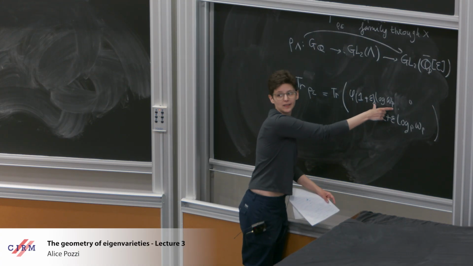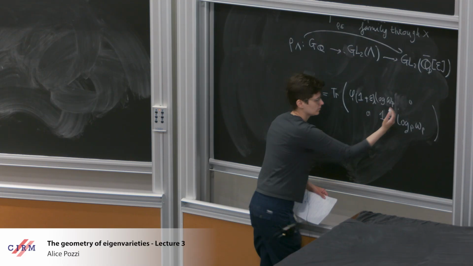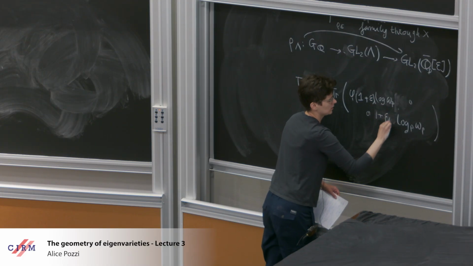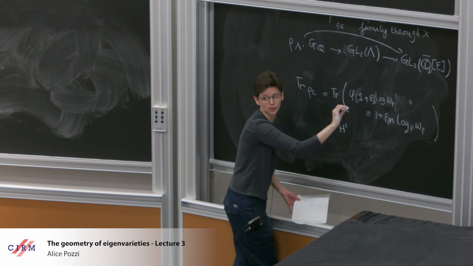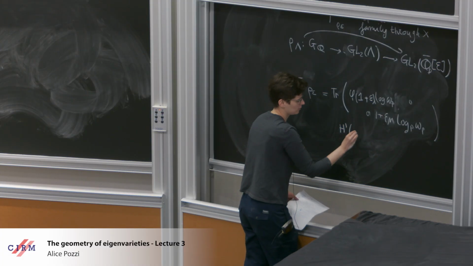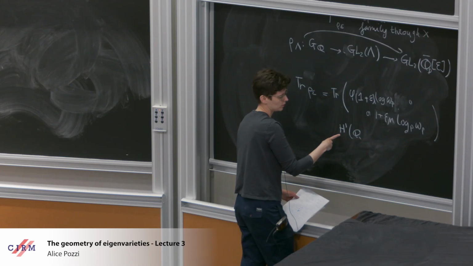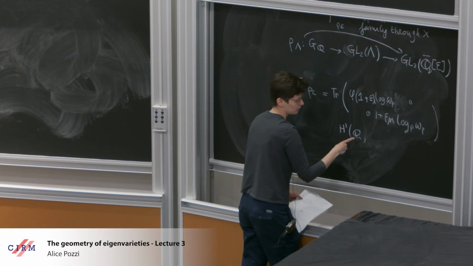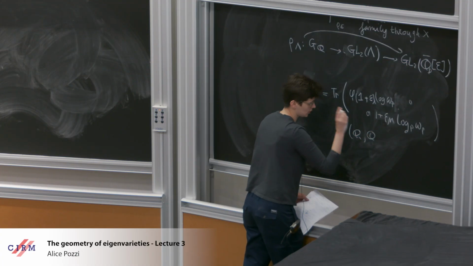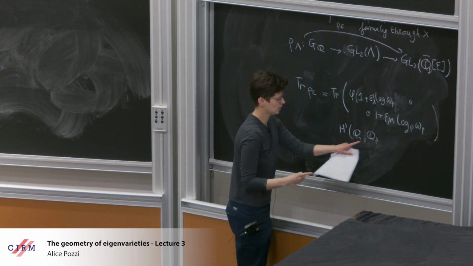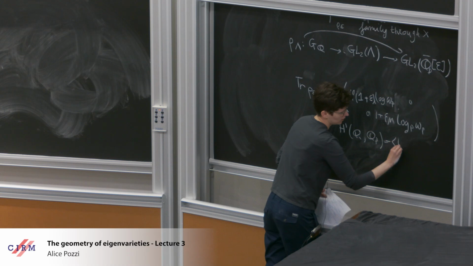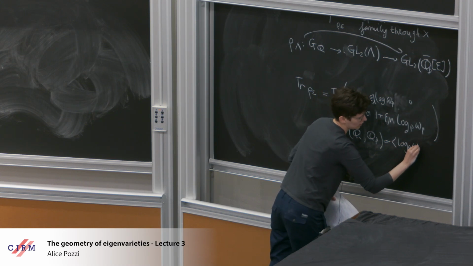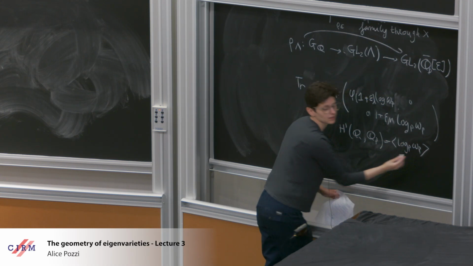What we need to put here is inevitably a multiple of a homomorphism. If this is the shape of the representation, it will be a global homomorphism of G_Q now, not G_{Q_p}, into Q_p. And this is spanned by the log of the cyclotomic character. There is only one.